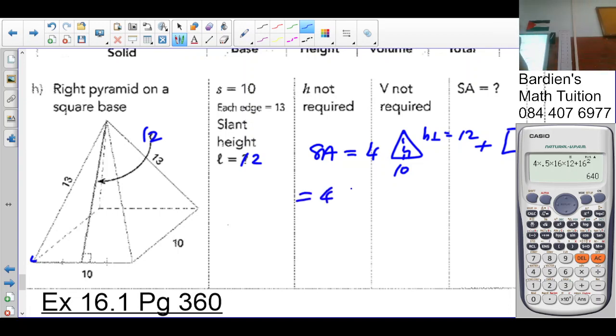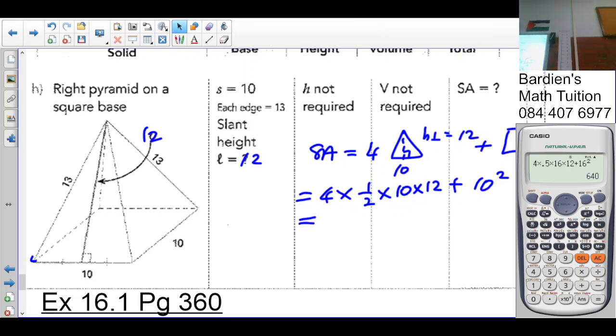So, how do you calculate the area of a triangle? It's half base, which is 10, times your height, which is 12. Plus the area of a square is going to be side squared, which is 10 squared. So that gives us 4 times a half times 10 times 12 plus 10 squared. That gives you 340 units squared. Okay.